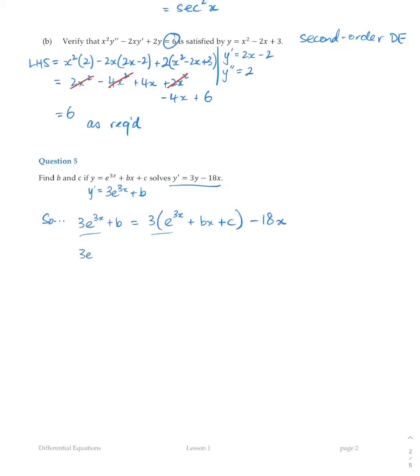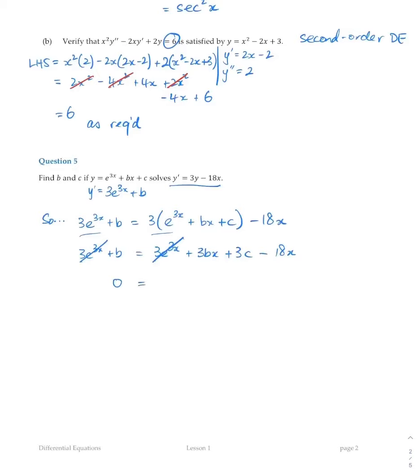So 3e to the 3x plus b equals 3e to the 3x plus 3bx plus 3c minus 18x. And they cancel. And I'm going to put everything on one side.